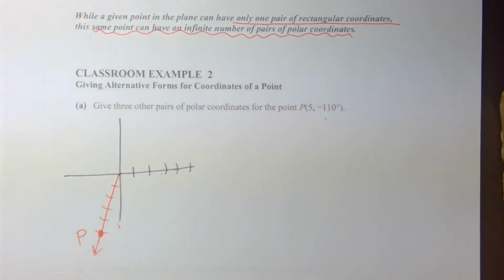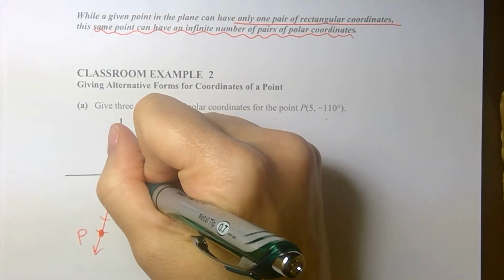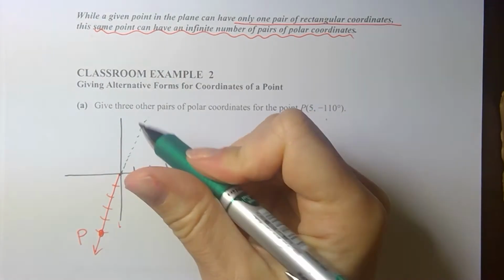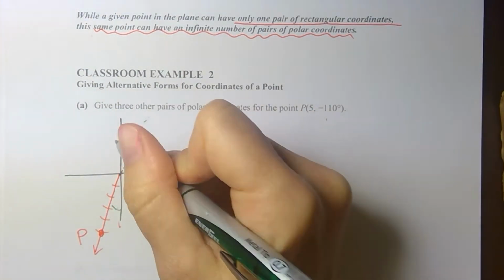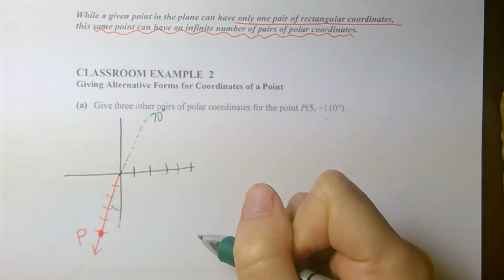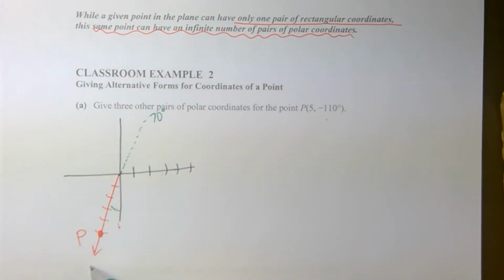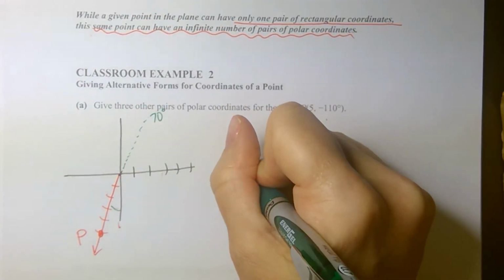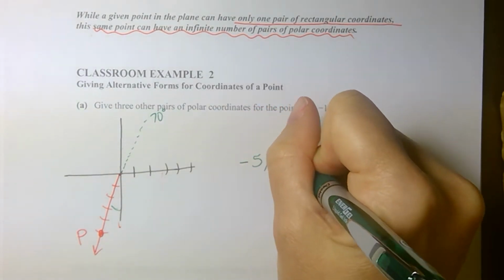Well, what else would point P be? If I extended this back that way, remember this was 20 degrees, right? So that's going to be 20 degrees. So that would be at 70 degrees. And then that would mean I would travel in a negative direction. So that could be a (-5, 70°).